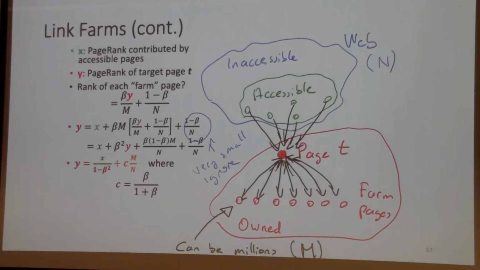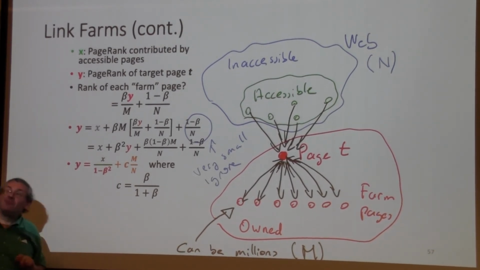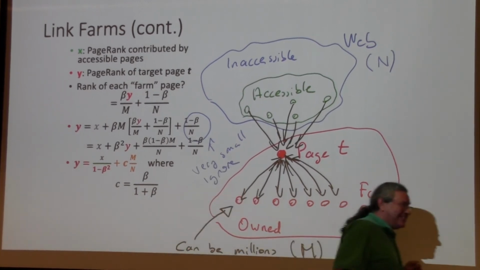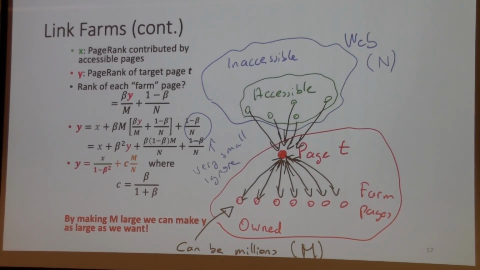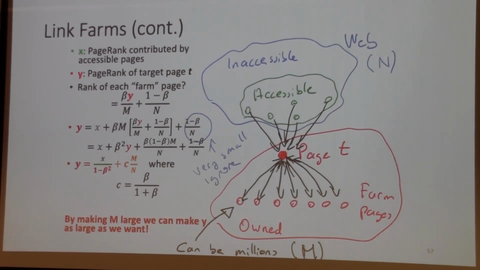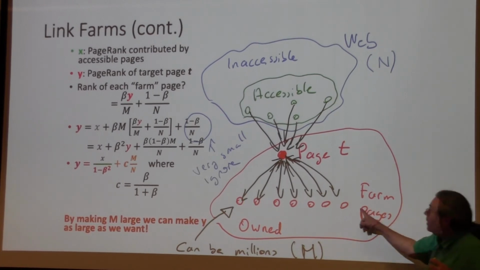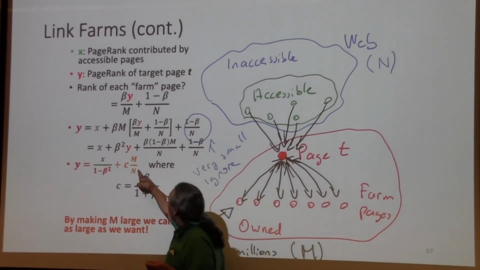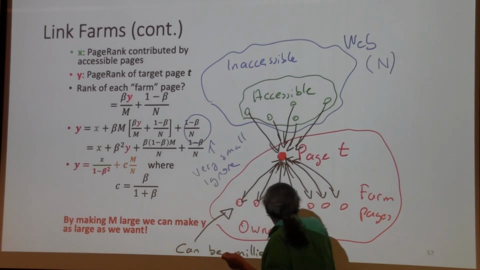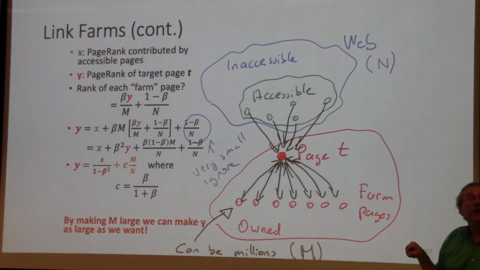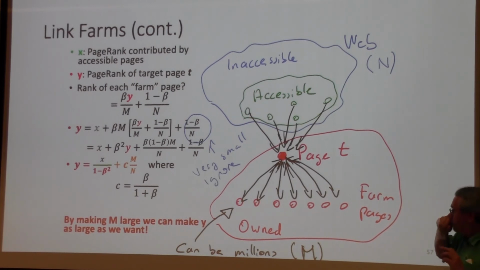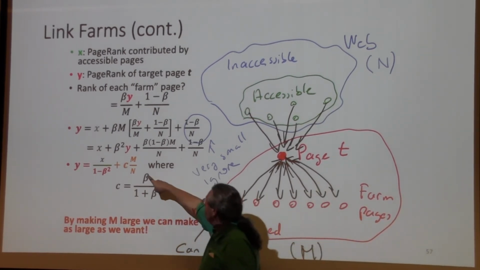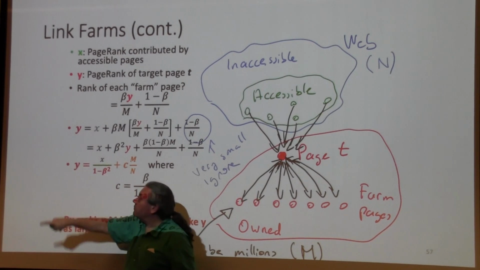So now you can see how to increase the PageRank of y. It's very easy. The bigger that m gets, the bigger that y gets. If I have a million pages here, then I will add some value. Of course, I need a large number of these, but they don't have to be very big. They can be very small pages. It's just I need to have a lot of them. So increasing the size of m will increase y.